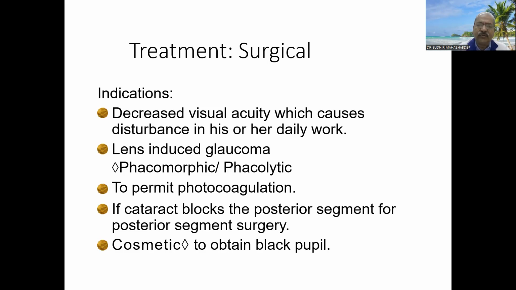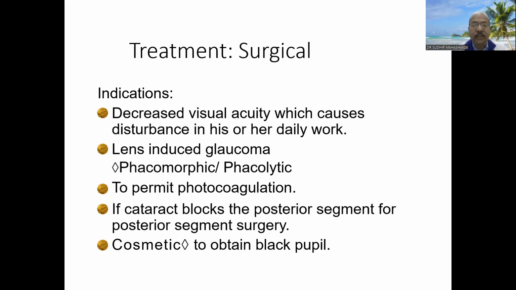Otherwise, if the decreased visual acuity causes disturbance in his daily work, like he is not able to read comfortably, or drive comfortably, or cross the road comfortably, or he is not able to recognize any person coming in front of him, then that indicates we should intervene and provide him with the treatment.